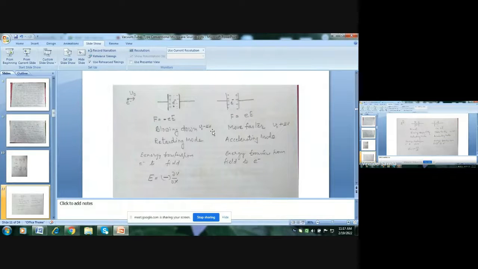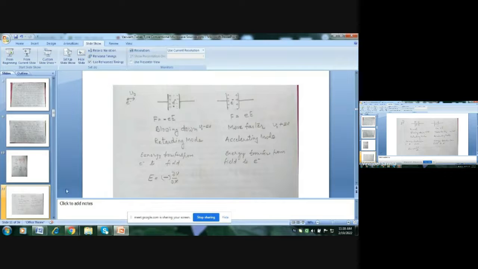interaction in the cavity. So if we apply an RF field, the polarity of the right plate and left plate will change continuously. That means during the positive half cycle the electrons are in accelerating mode, and during the negative half cycle the electron is in retarding mode, and when there is zero field then there is no change in the velocity.